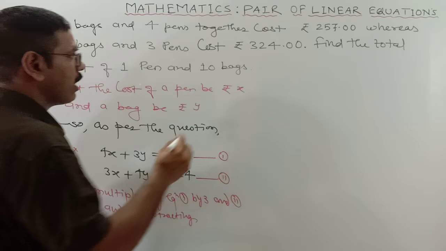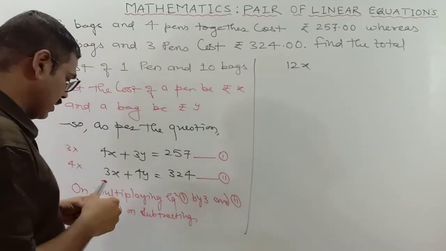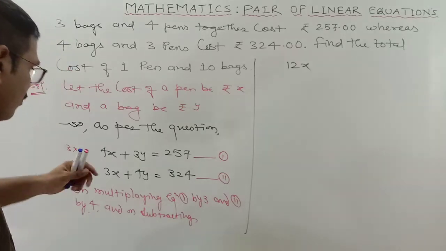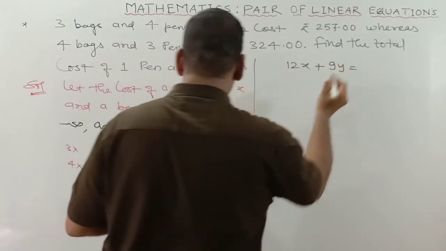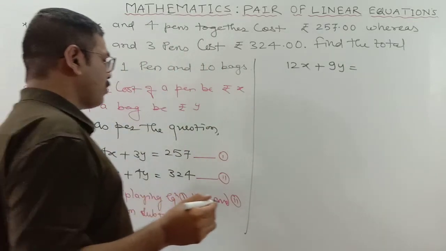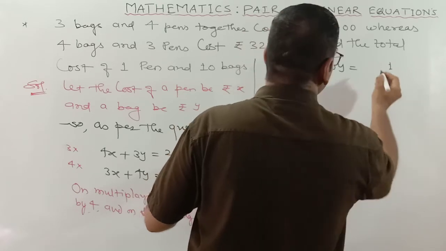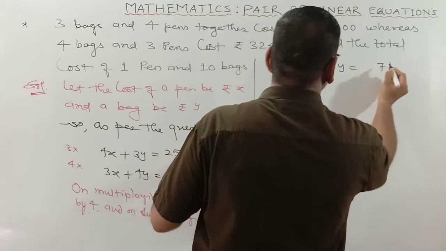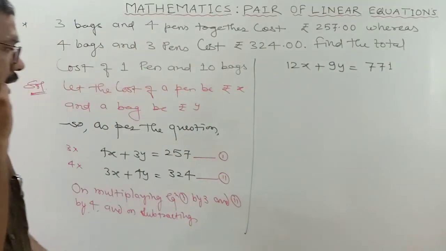So equation 1 will become 12x plus 9y is equal to 3 times 257, that is 771. Okay.